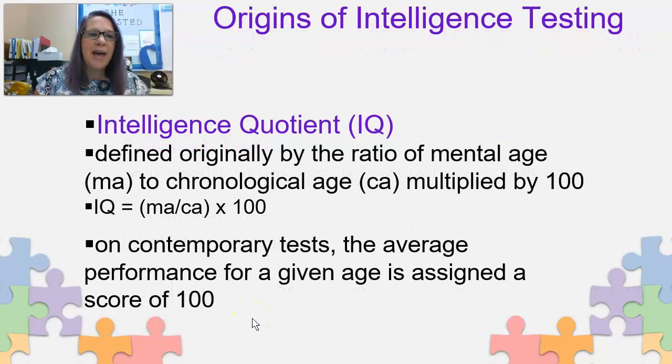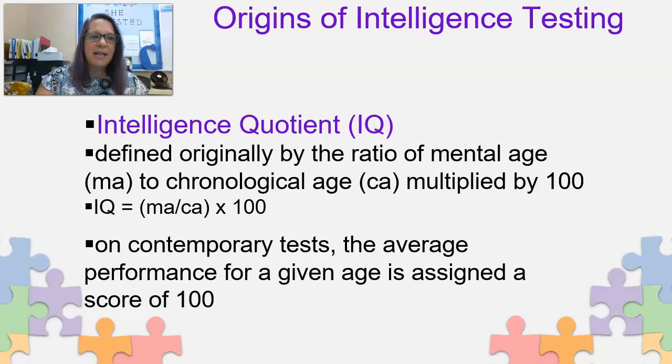So here is that equation that gets your IQ, your intelligence quotient. It is the ratio of your mental age to your chronological age multiplied by 100. So if we take the previous example and you are an 8-year-old child and you score at the average mental ability of an 8-year-old, it would be 8 over 8 times 100, which gives you an average performance score of 100.